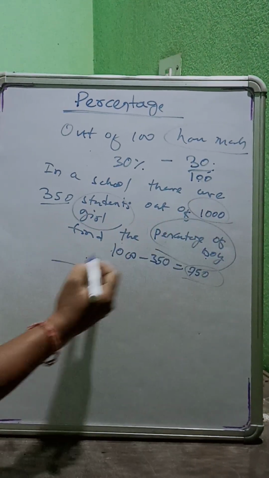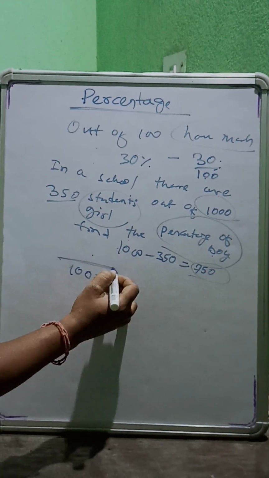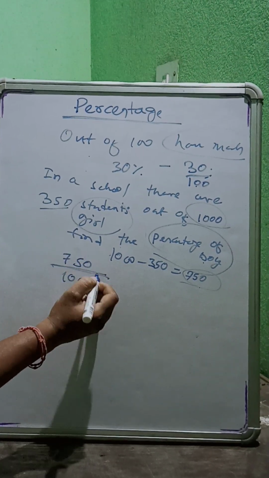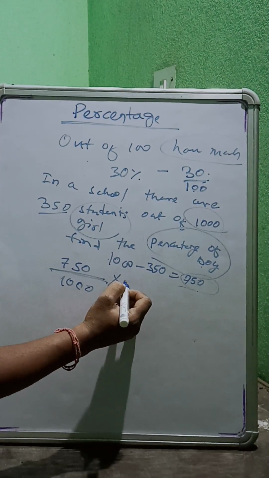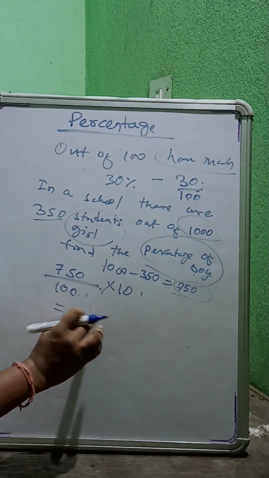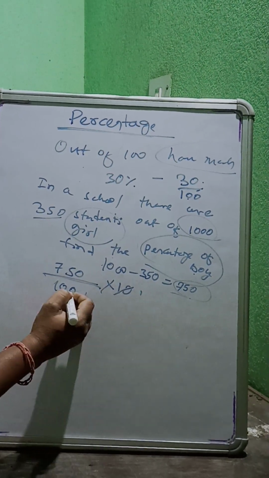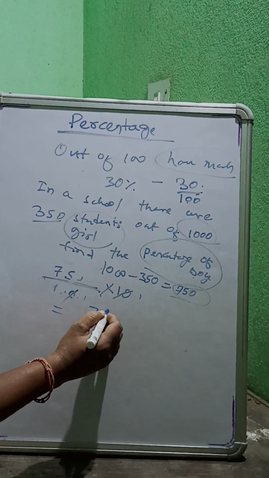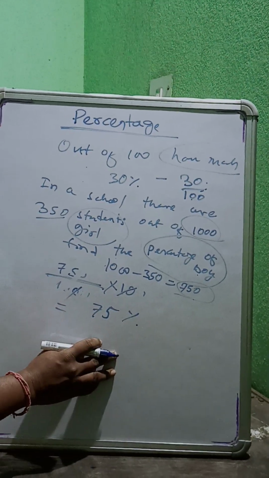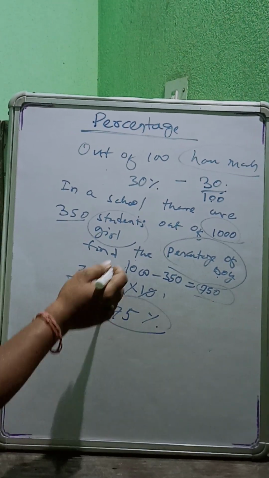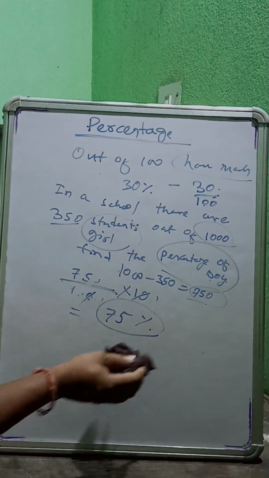Total number is 1000, and the number of boys is 750, and it is generally calculated on 100. So cut down this and this. Another 0 is cut down, 75%. So you can find out the percentage with the help of this calculator.